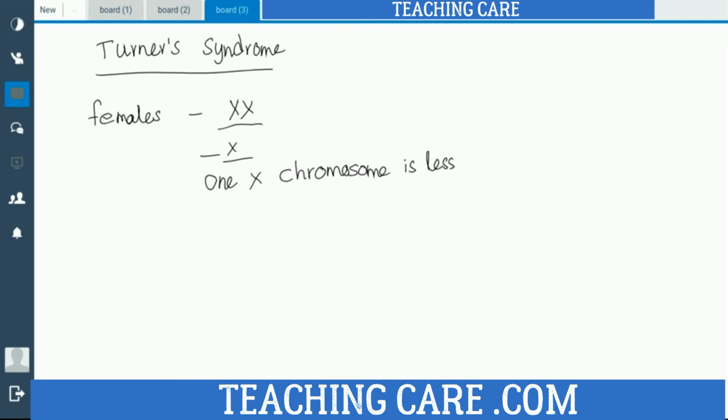That means one X chromosome is less. So due to lack of one X chromosome, they will show some symptoms.